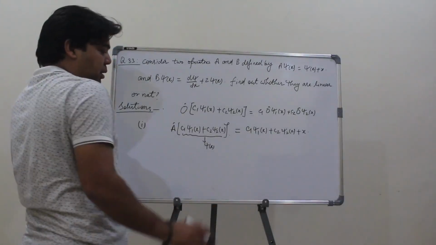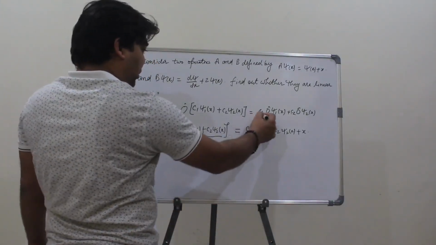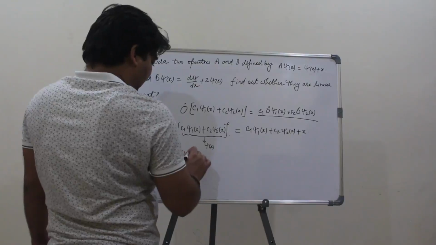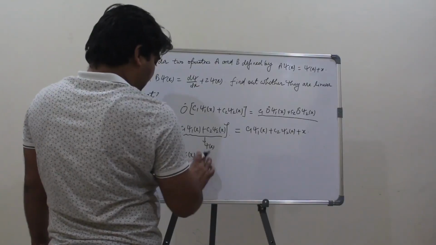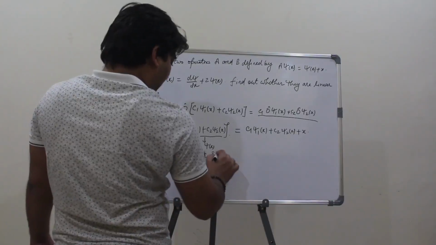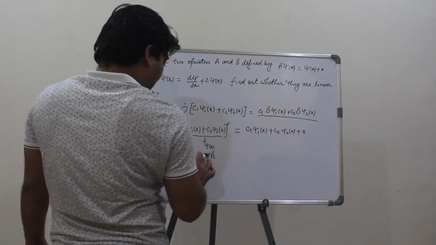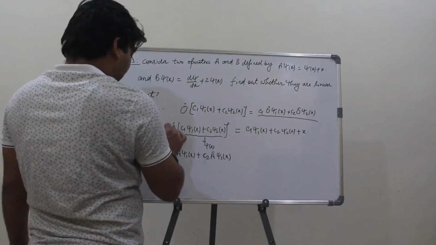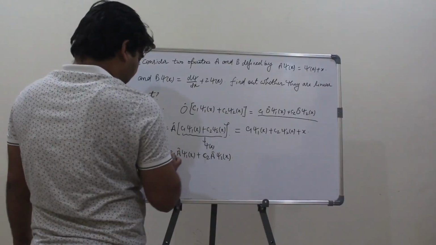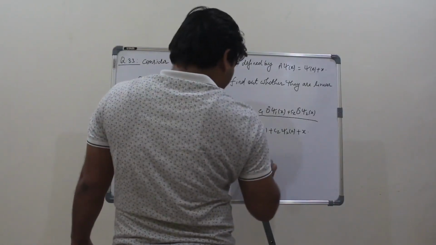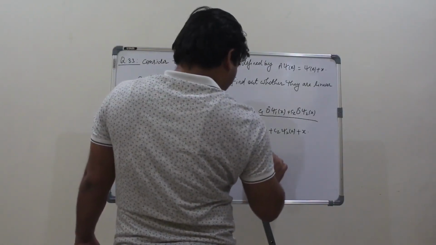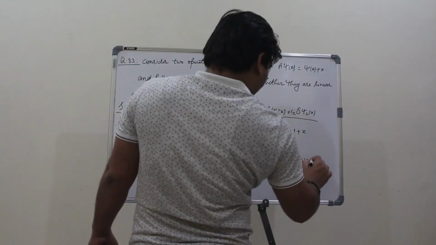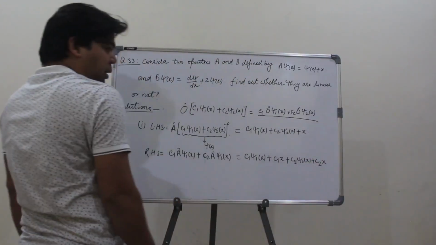This is what you get on the LHS. Now on the other side, c1 A operating on psi1(x) plus c2 A operating on psi2(x) gives you c1 psi1(x) plus c1 x plus c2 psi2(x) plus c2 x.